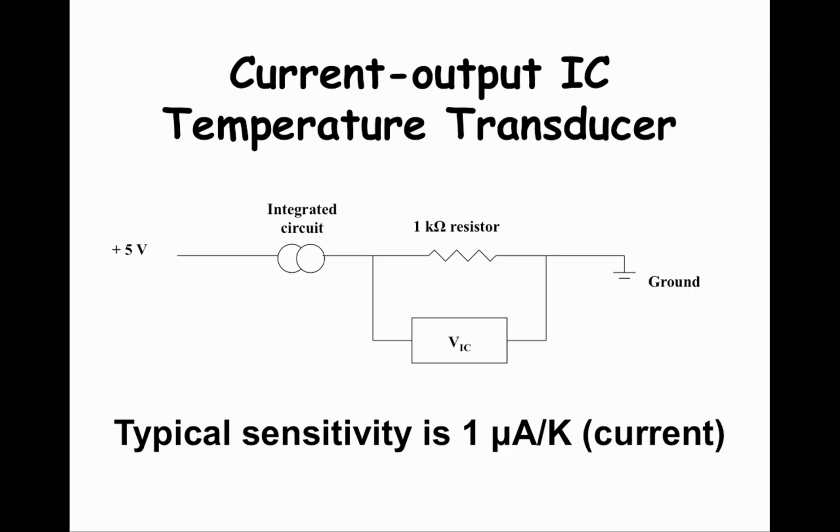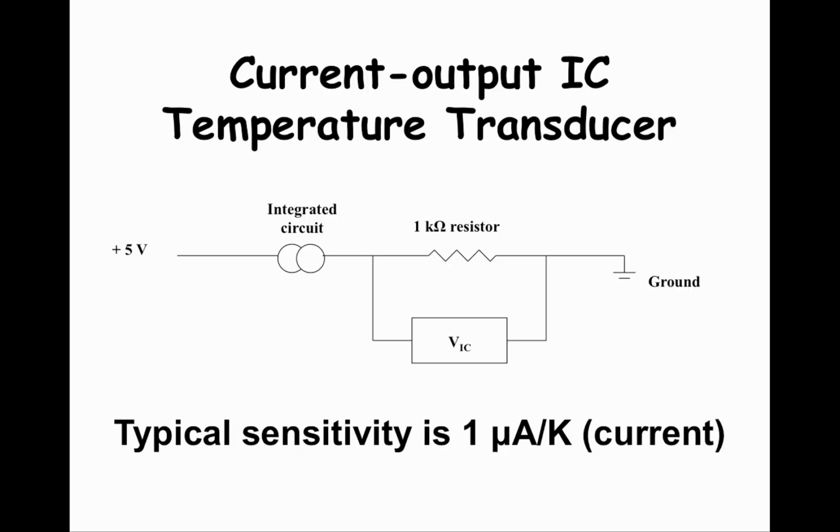As with the RTDs and thermistors, we need to convert the signal into a voltage change that we can measure with a PDAC 55 unit. We do this by adding a known resistance in series with the integrated circuit temperature transducer and measuring the voltage drop across the known resistor. You will do this in the temperature lab.